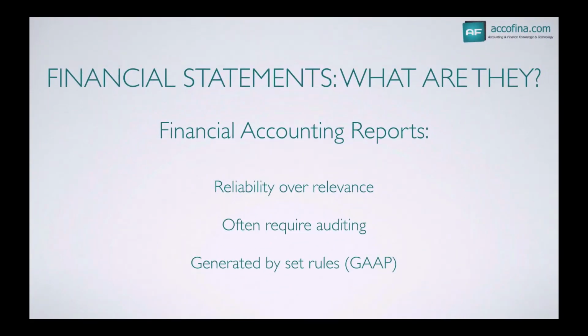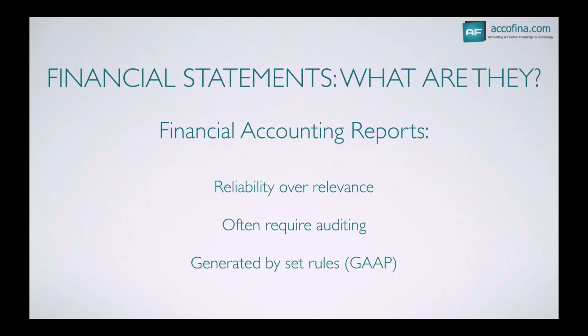Now, financial accounting reports emphasize reliability over relevance. Reliability as in they have to be accurate. They have to be as accurate as possible instead of more relevant or timely or useful. Reliability is key. These reports often require auditing by registered auditors like the Big Four accounting firms.